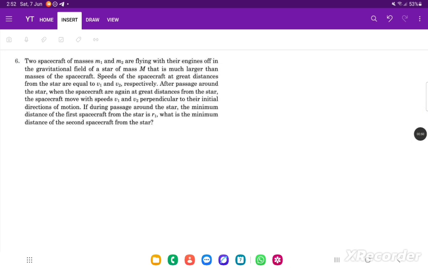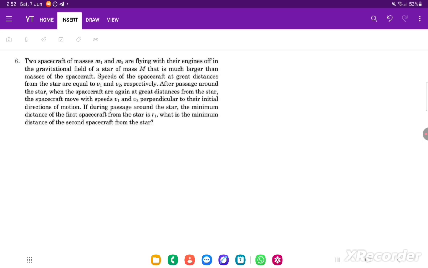After passage around the star, when the spacecraft are again at great distances from the star, the spacecraft move with speeds v1 and v2 perpendicular to their initial directions of motion. If during passage around the star the minimum distance of the first spacecraft from the star is r1, what is the minimum distance of the second spacecraft from the star?